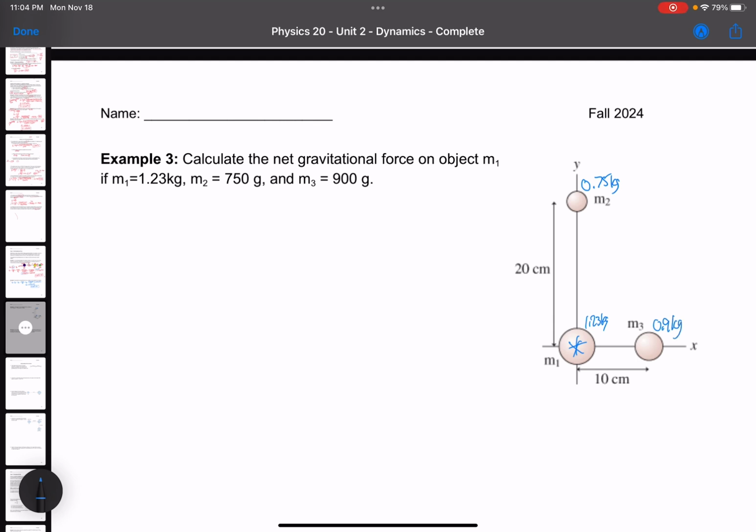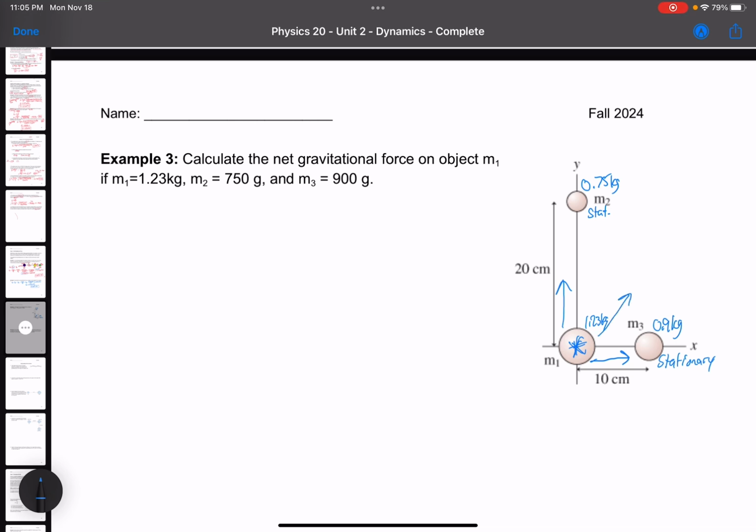Okay, now, M1 is the one that can move, and these are my stationary ones. Because of M2, this object's going to try and move up. Okay? And because of M3, it's going to try and be pulled to the right. So in the end, we're going to end up with some sort of pull as such.